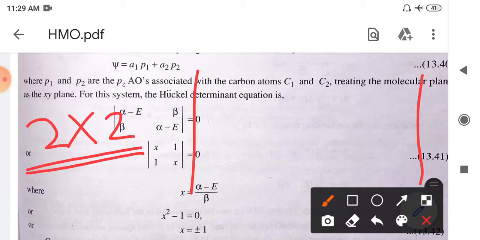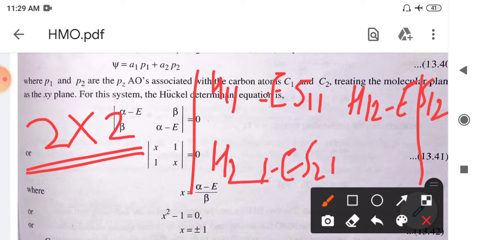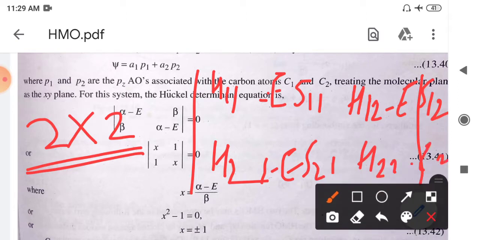This is: H11 minus ES11, H12 minus ES12, H21 minus ES21, and the last is H22 minus ES22. So what is the value of H11? H11 is alpha, minus E into S11, which is what?